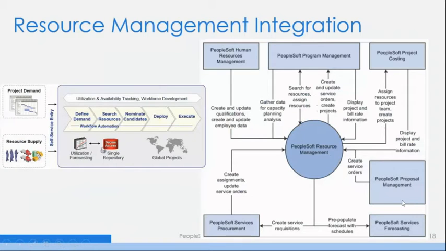There's also the proposal management module, which we talked about earlier, and the services procurement module within financials. So if you have resource requests, you can actually fulfill those within resource management if there aren't any internal resources to fulfill. That allows you to go externally and bring in or hire contingent labor to fill the needs.